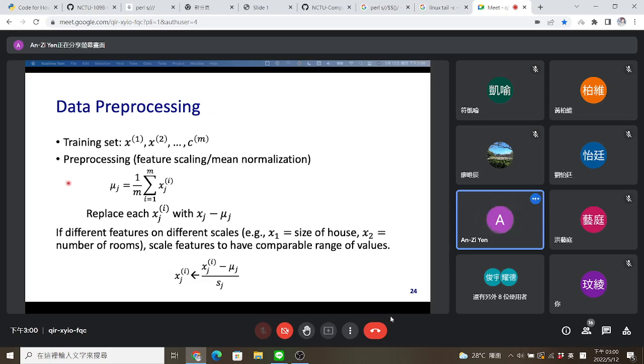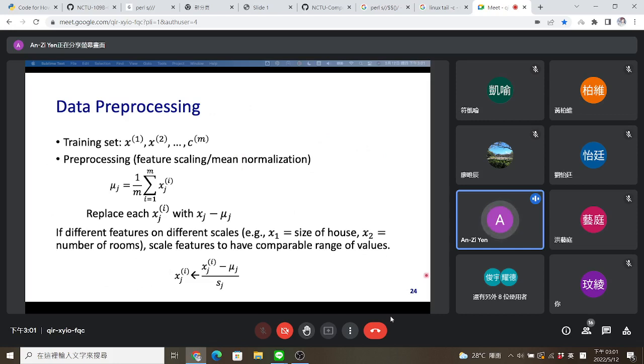So how can we reduce the dimension of our data? Before applying PCA, there is a data preprocessing step we can do, given the set of examples.